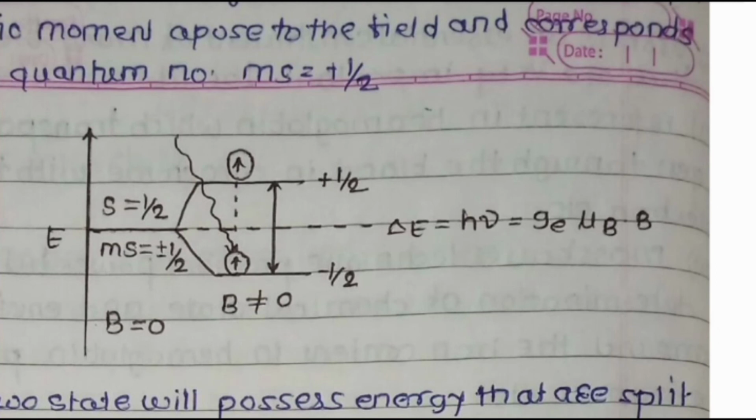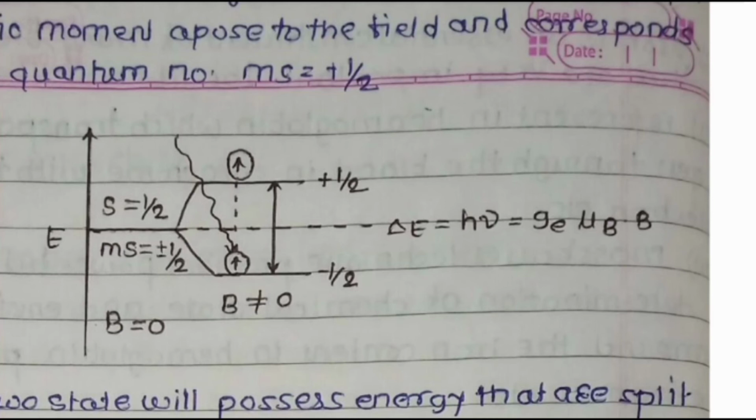But if we apply an external magnetic field, the electron splits into two energy levels, one is plus half, another is minus half. Based upon the number of unpaired electrons we get different splitting patterns.